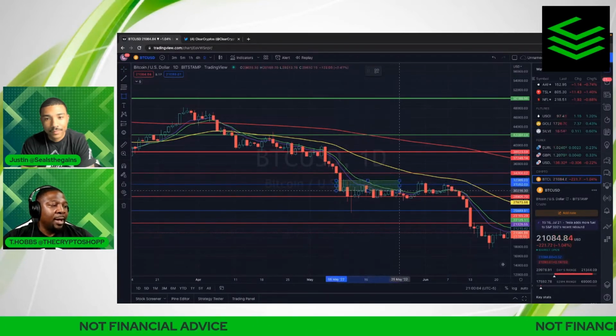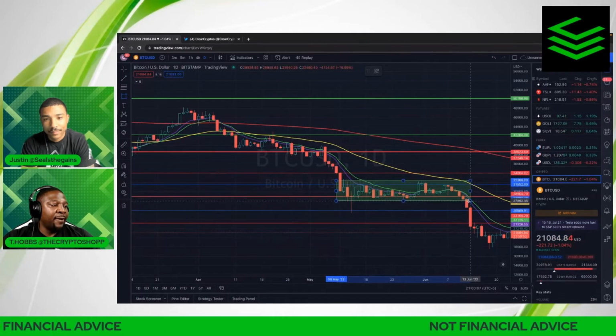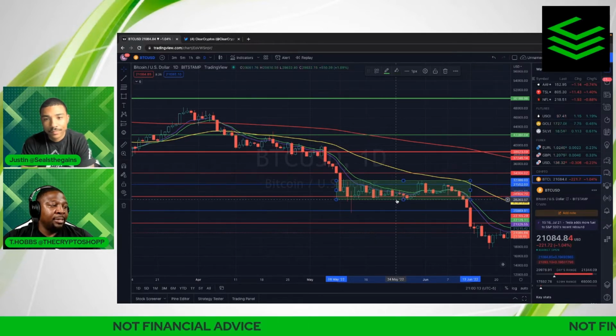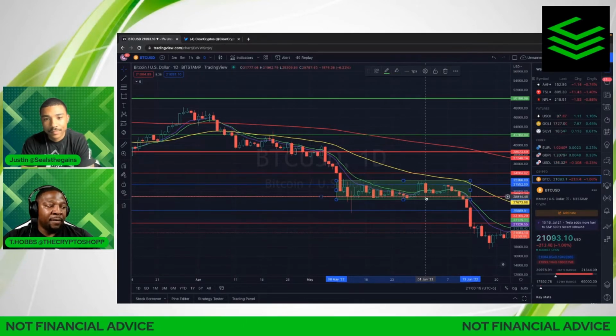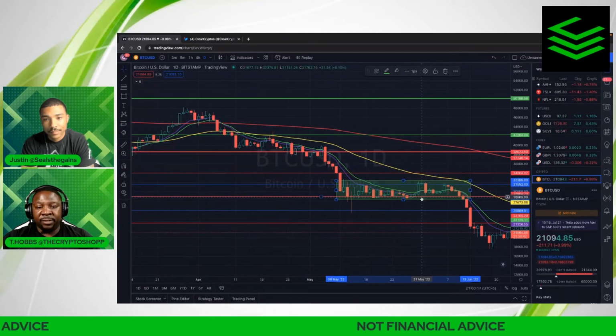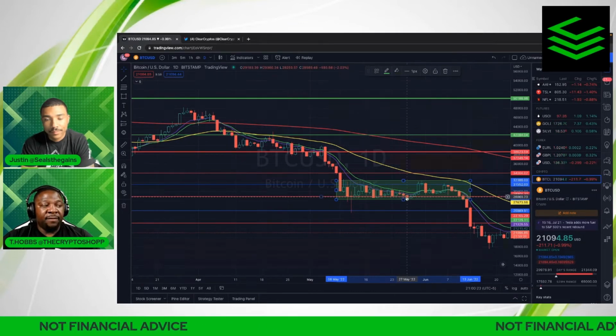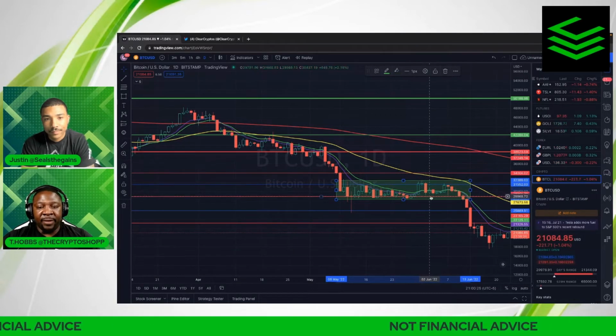Now, you see how we go into this pattern right here, this green box right here? The only thing we've been doing is literally trading for days into this complete zone, bouncing off this red line here, which is a previous support level that I had. The only thing we did was go up a little bit, come down, up a little bit, come down for days and days over time.